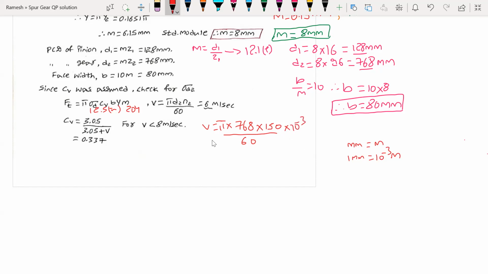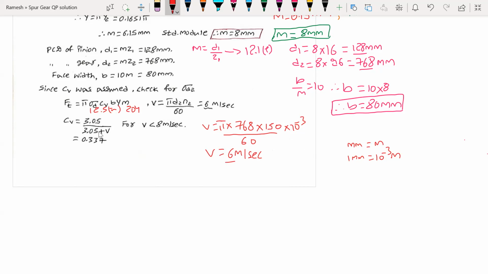From this, you're going to get the velocity. After calculating, I'm going to get it as 6 meters per second. Here, the unit of D is meter and N is revolutions per second. Therefore, it will be meters per second. Therefore, velocity I obtained as 6 meters per second.